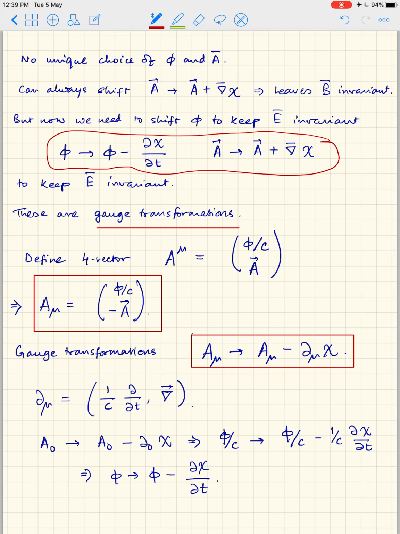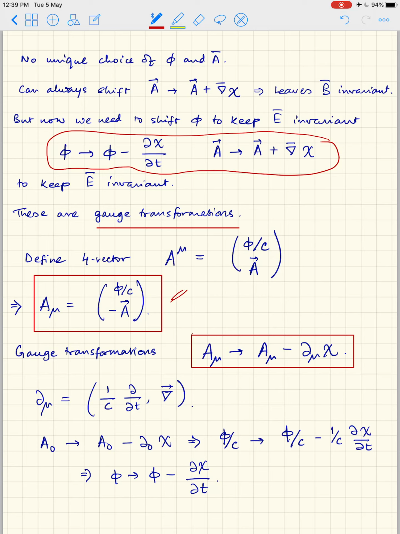Now the fact that phi and A were mixed up offered us a glimpse into what we had to really do. We had to group phi and A and form a four-vector. So A mu was defined as the boxed equation here.